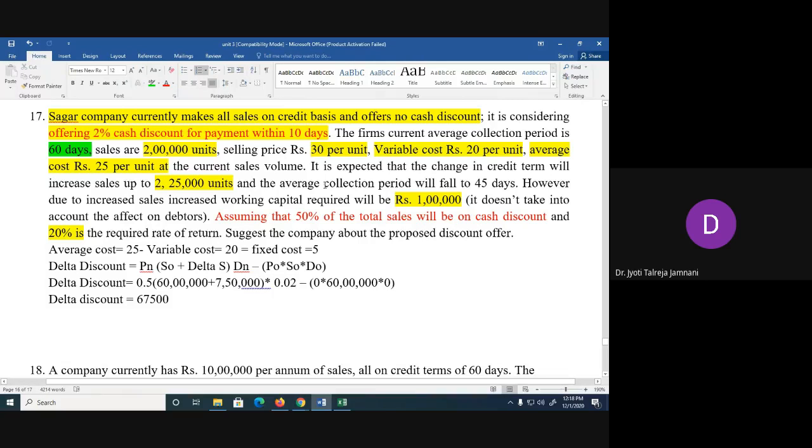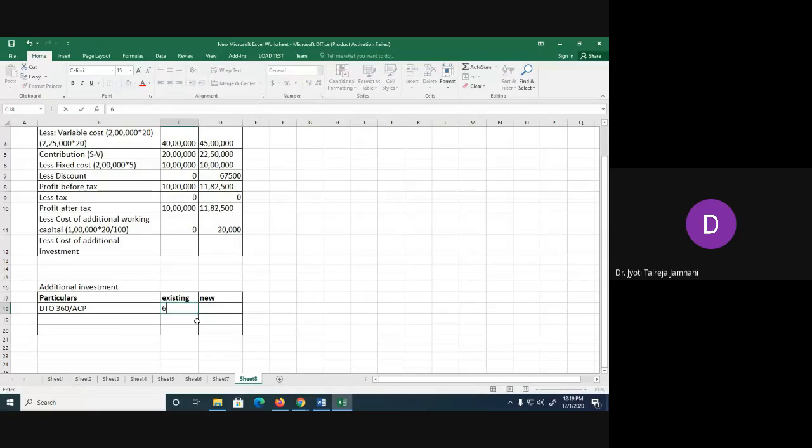And then they have said the average collection period will fall to 45 days. So this is a new one. So old is 360 divided by 60, and the new is 360 divided by 45. So you get 6 times here. And 360 divided by 45, you get 8 times.